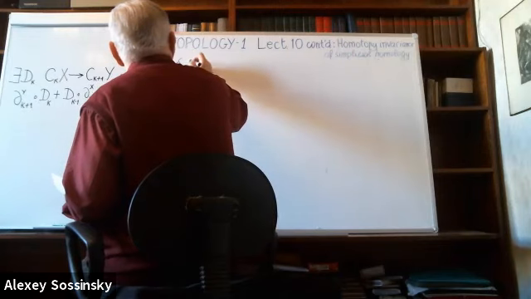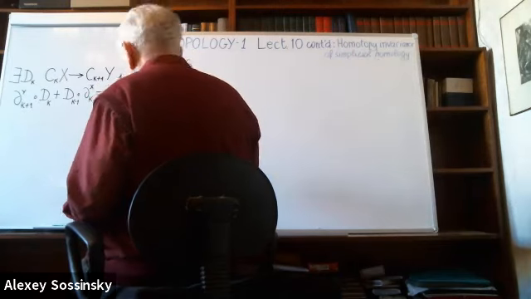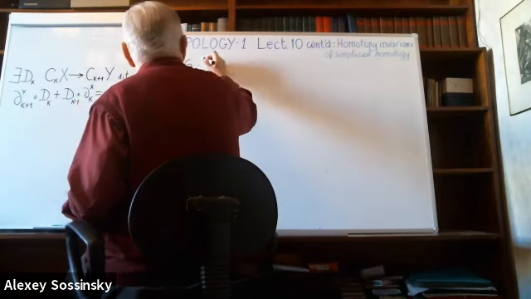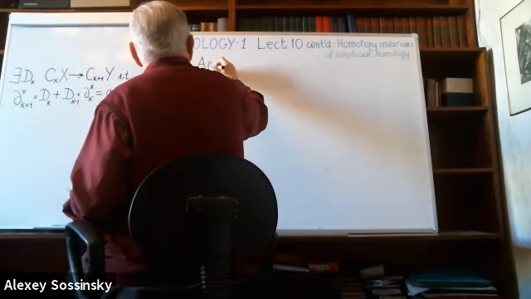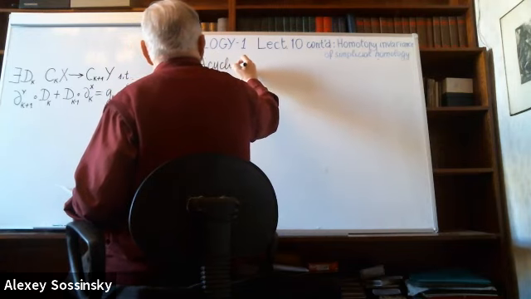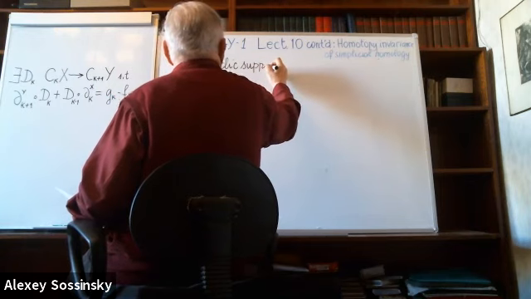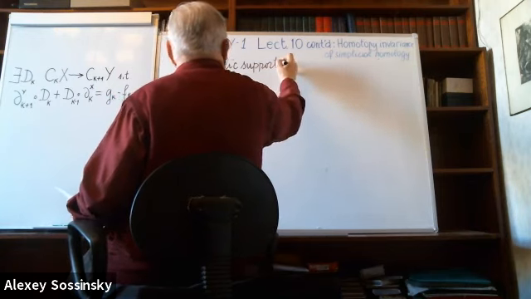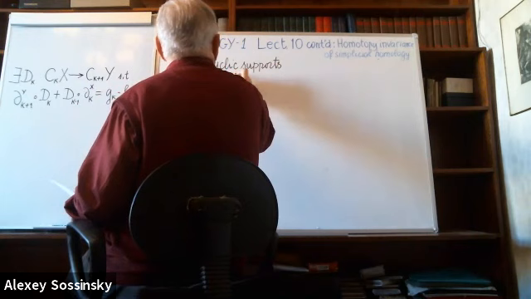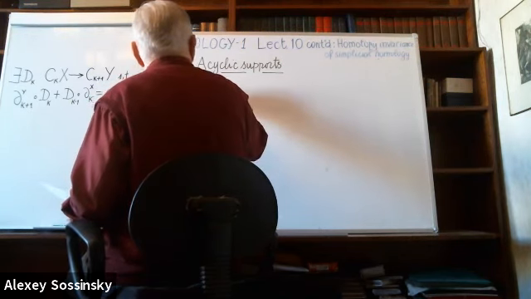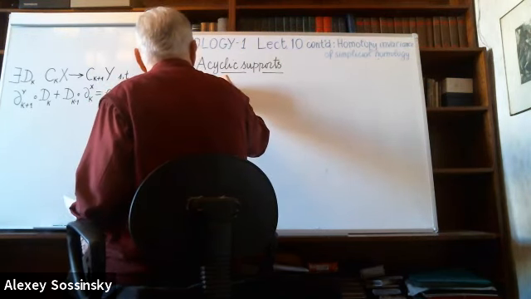According to the booklet, this is section 6, and it's called cyclic support. So we begin with a definition on a simplicial space.